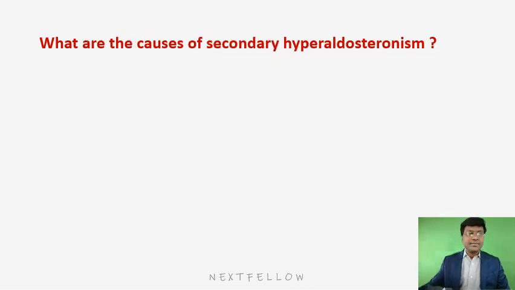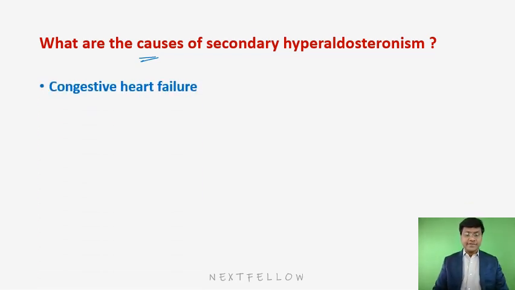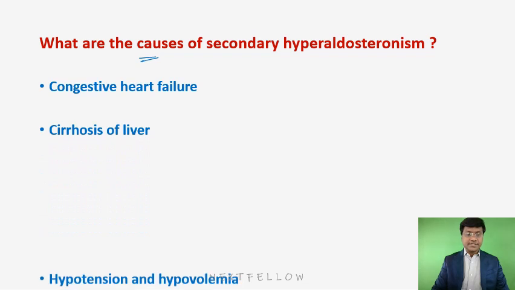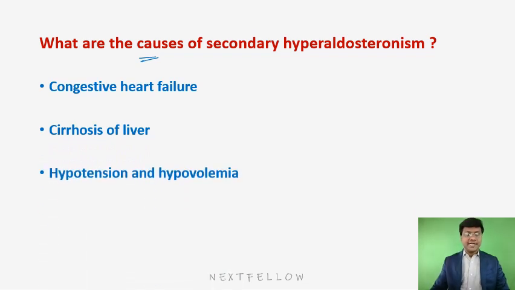Next, what are the causes of secondary hyperaldosteronism? That includes congestive heart failure, cirrhosis of liver, and hypotension and hypovolemia. See, in all these clinical scenarios, there will be decreased renal perfusion.